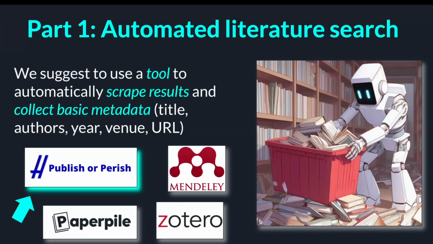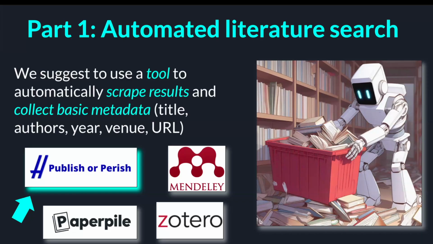You shouldn't download manually the results that you get from Scholar or from Scopus or whatever platform you're using, because that's extremely tedious, and I hope you have better things to do with your life. So there are tools that automatically scrape these websites and give you a neat list of results in a CSV, so in a tabular format, and then you don't need to copy paste stuff.